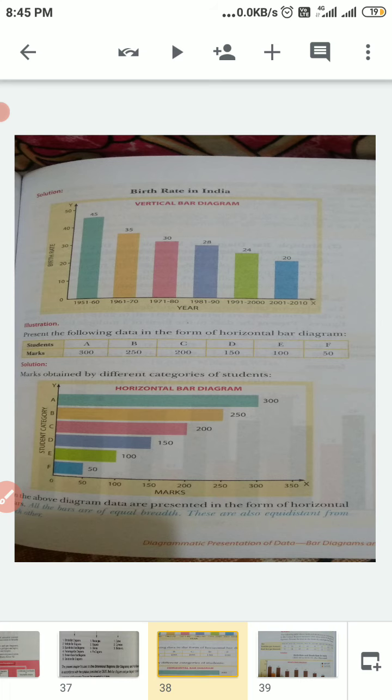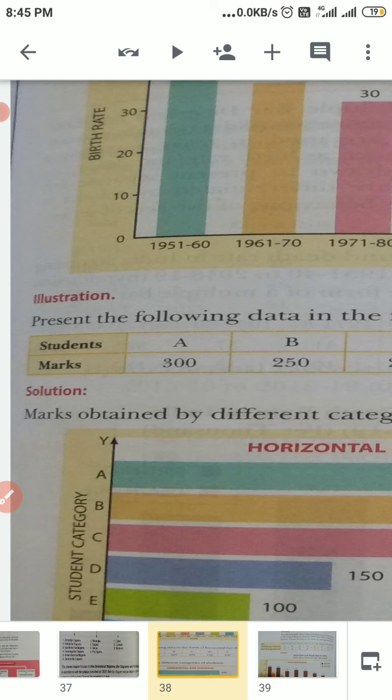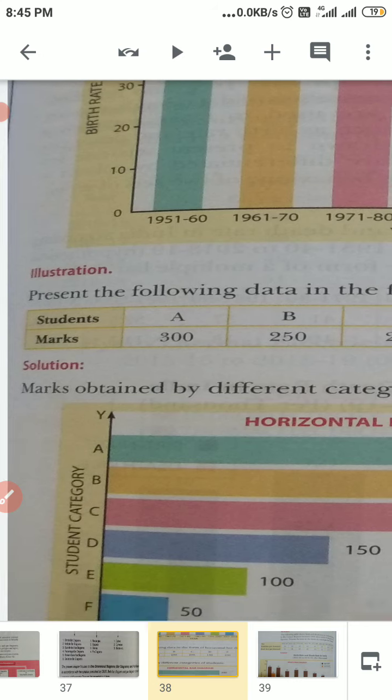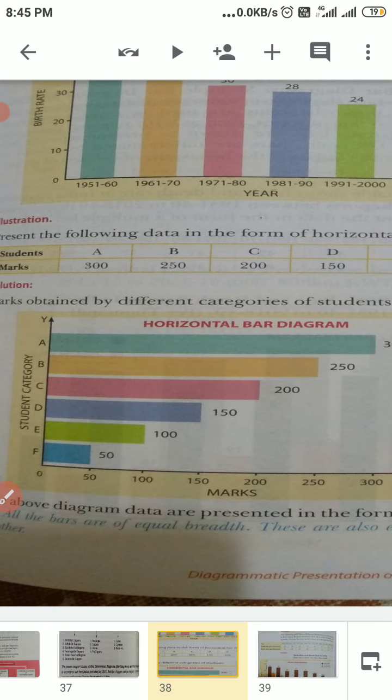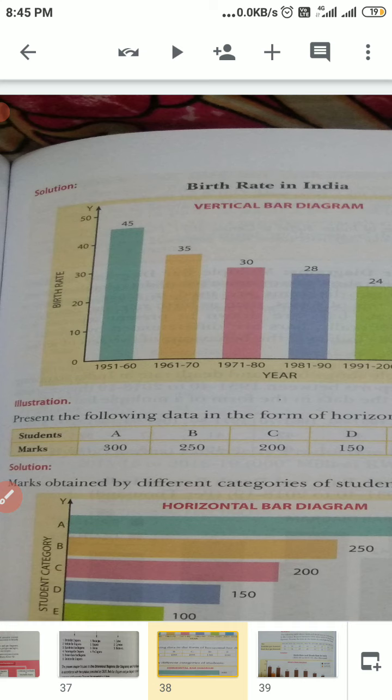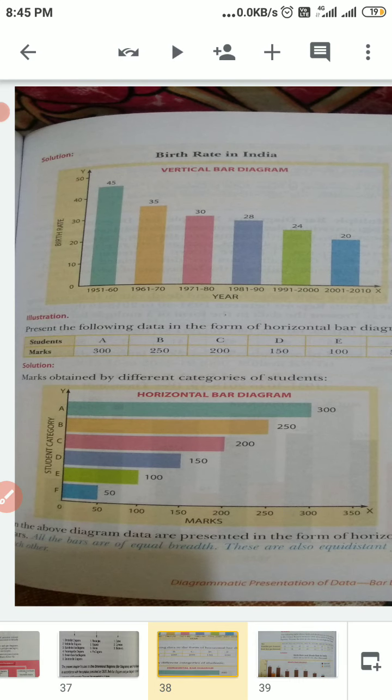So you can see in the table also, students and marks. So we are showing student A has 300 marks like this. You can see in the diagram also. It can be made horizontally or vertically.